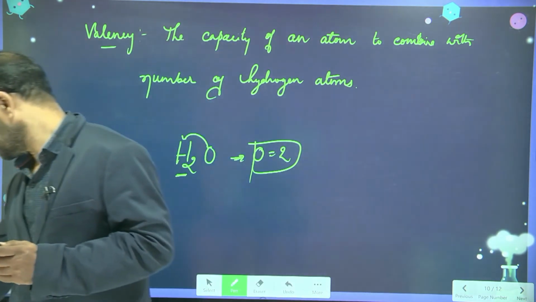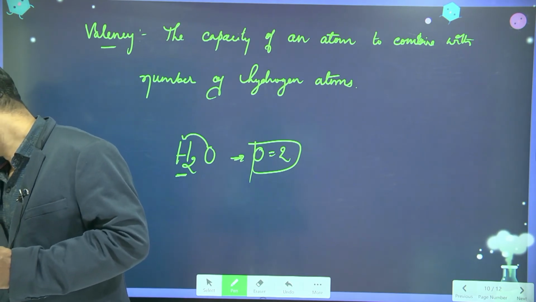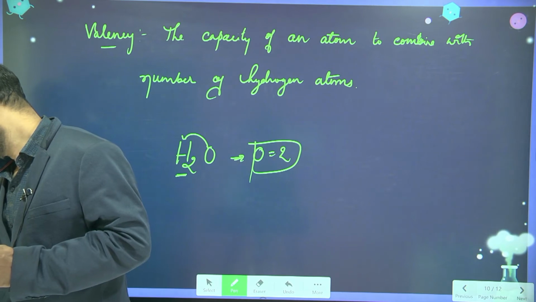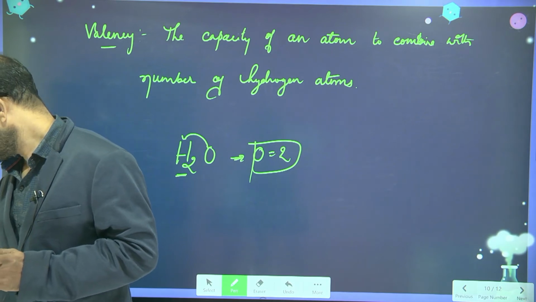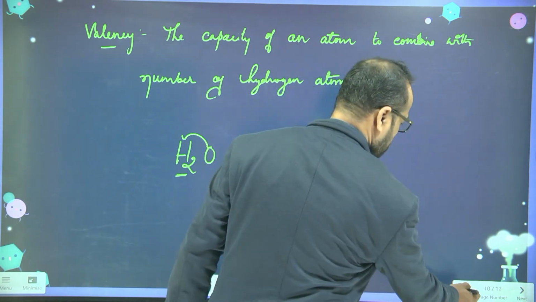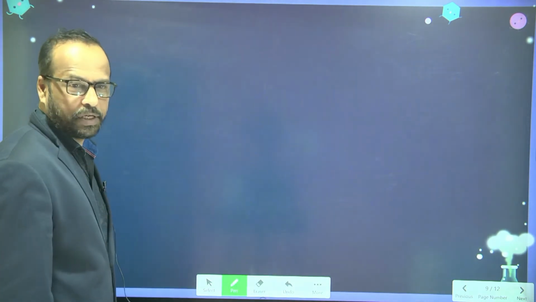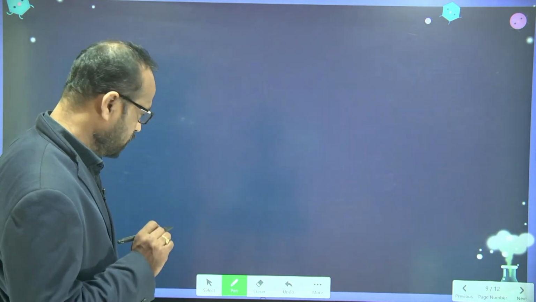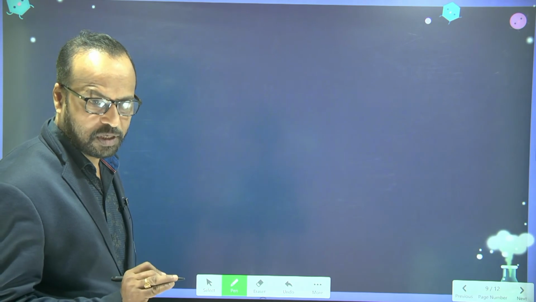Is this clear, students? So see, students, I am going to give some compounds, and listen to how to write the formula. I am going to explain it.